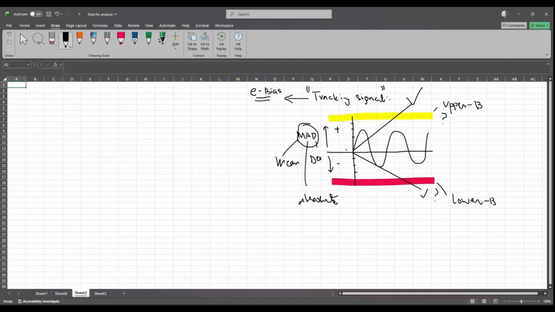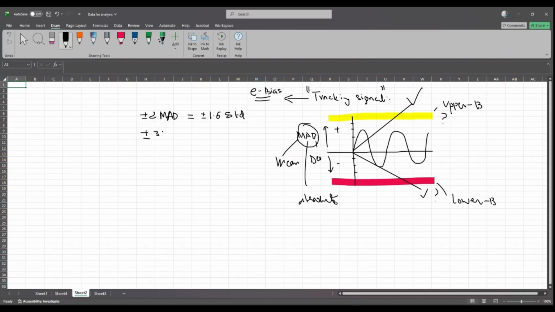And I said that this axis right here is arranged in units of mean absolute deviation. How is that? There is a statistical bound for it. It is already estimated that plus minus 2 MAD is equal to about plus minus 1.6 standard deviations.